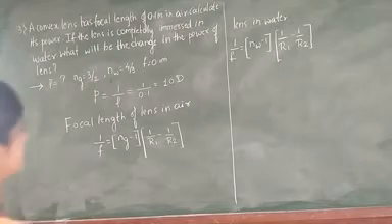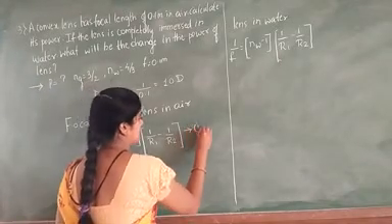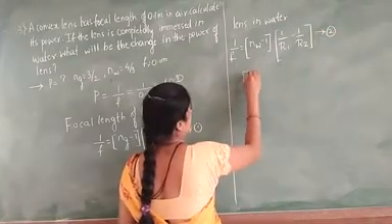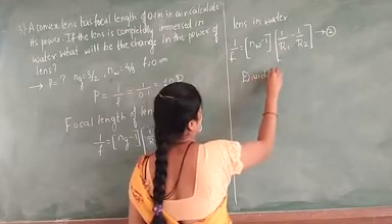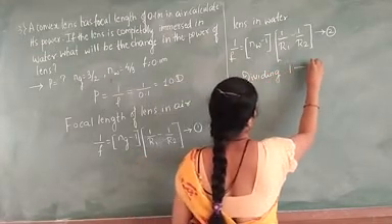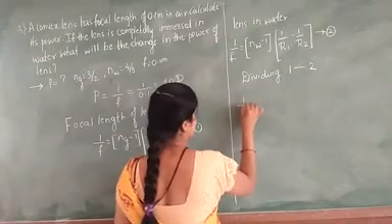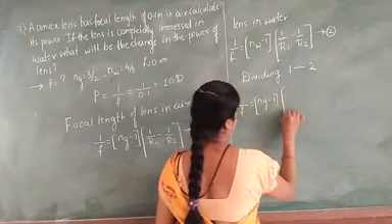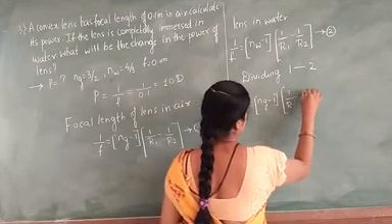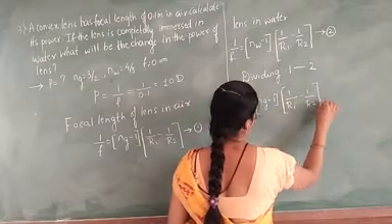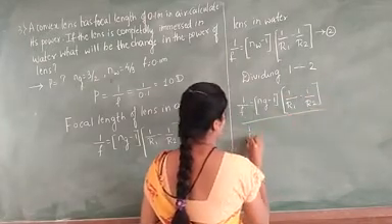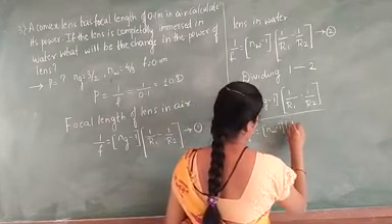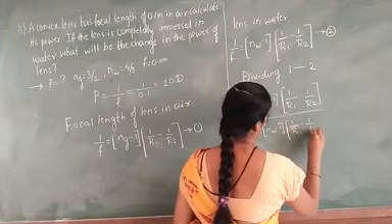Now let us consider these as equation 1 and 2. Now dividing equation 1 by 2, we get 1 by f is equal to Ng minus 1 into 1 by R1 minus 1 by R2, divided by 1 by f is equal to Nw minus 1 into 1 by R1 minus 1 by R2.